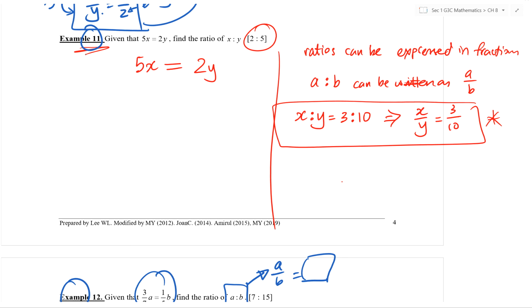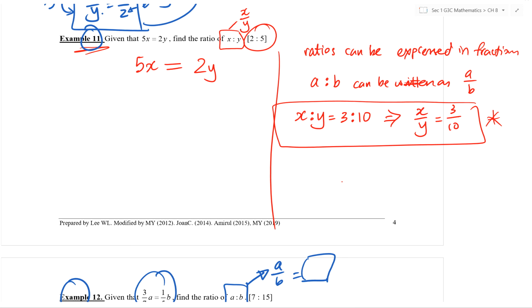Since now I require x to y, tell me what is the fraction I should be finding? X over y. I want to find x over y. The moment I have the fraction x over y, I will have the answer.